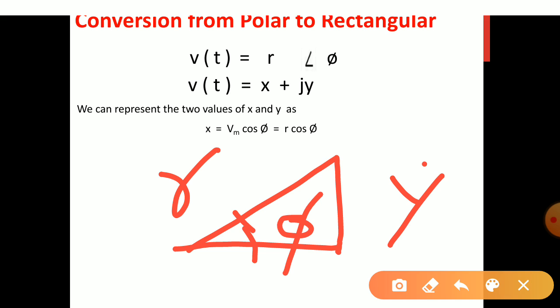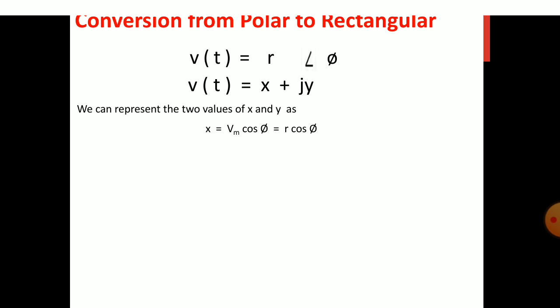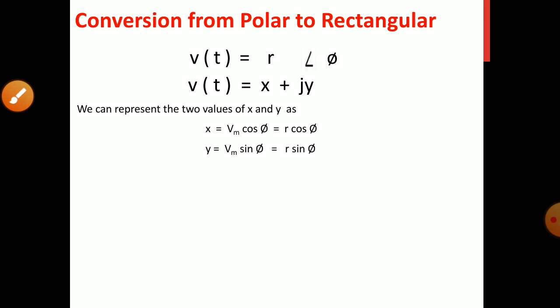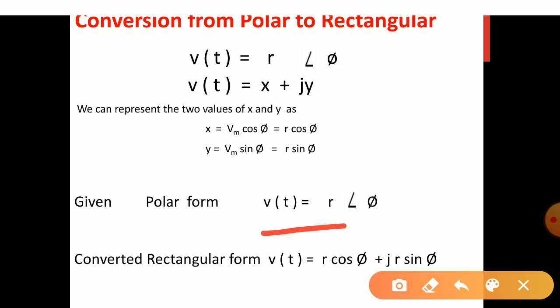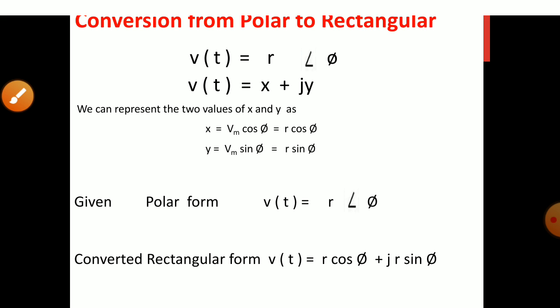So the unknown is y. So find out y. Y is r sin phi or Vm sin phi. Put this value in this equation. So this was the given form, that is r angle phi. We have found out the rectangular form is r cos phi plus j r sin phi.